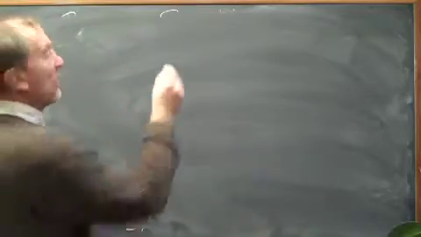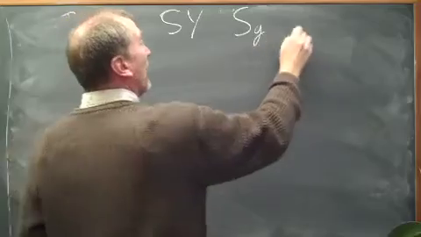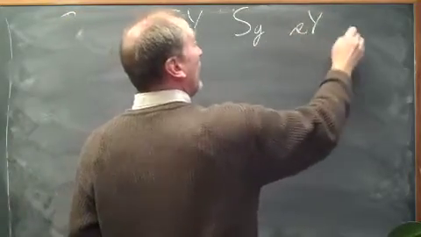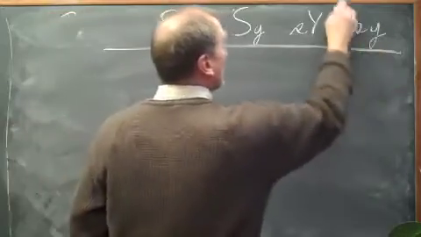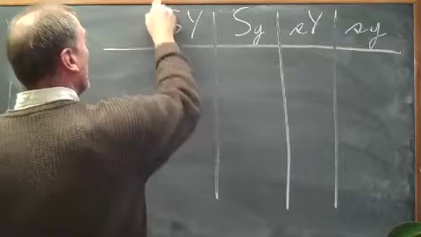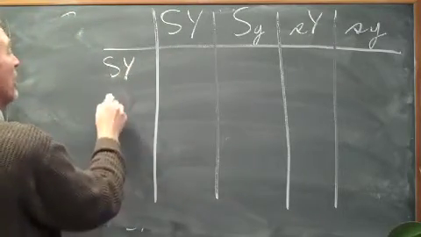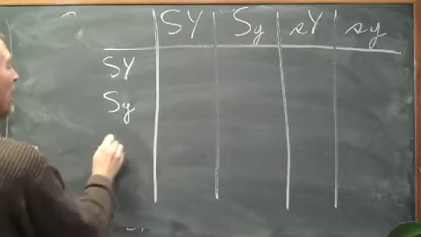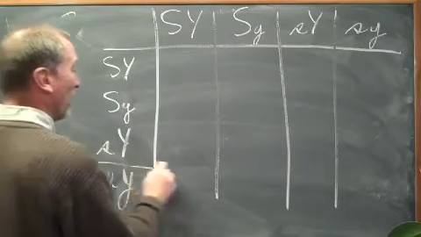So our gametes for the male were big S, big Y, big S, little y, little s, big Y, little s, little y. And so then on the female side, it's big S, big Y, big S, little y, little s, big Y, little s, little y.